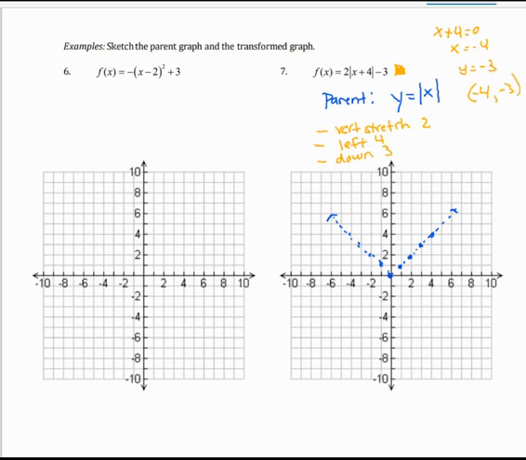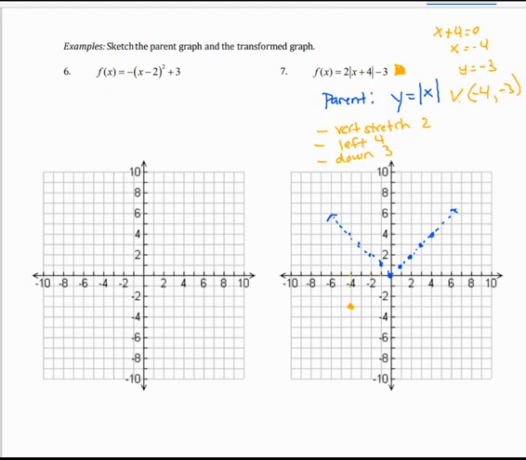Let's confirm that that would be right based upon my transformations. So let's take my parent graph and do the transformations. It says let's go left 4 units, 1, 2, 3, 4, and down 3, 1, 2, 3. Here's my new vertex. And look at that point, negative 4, negative 3. Wahoo, we did it right. But remember, we now also have a vertical stretch of 2.